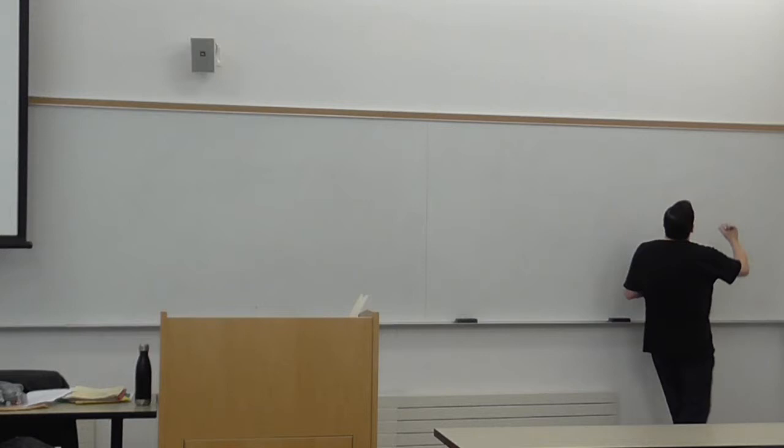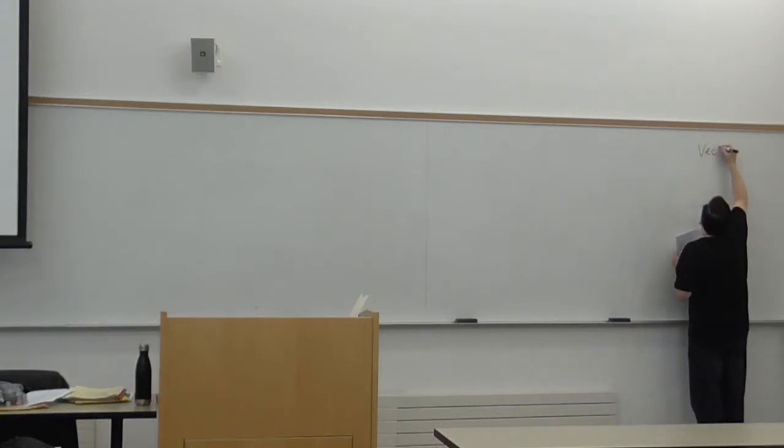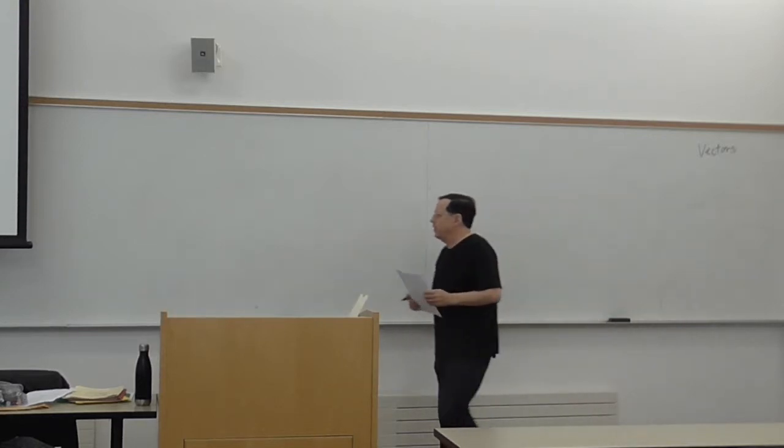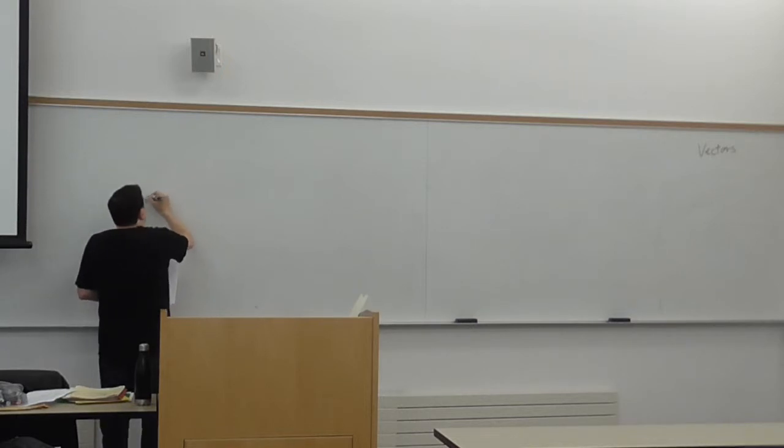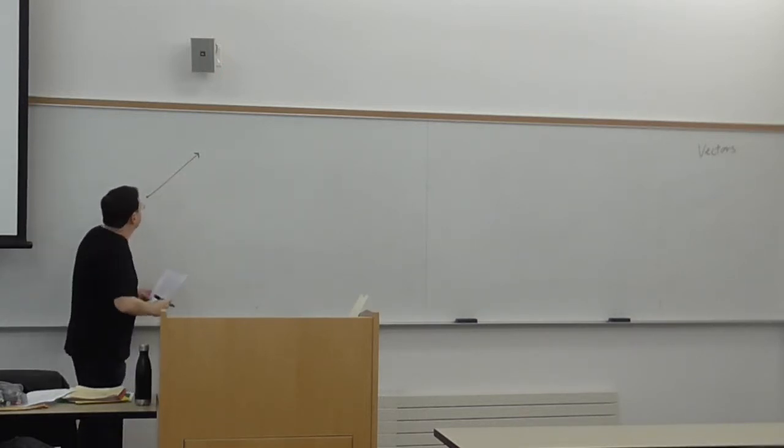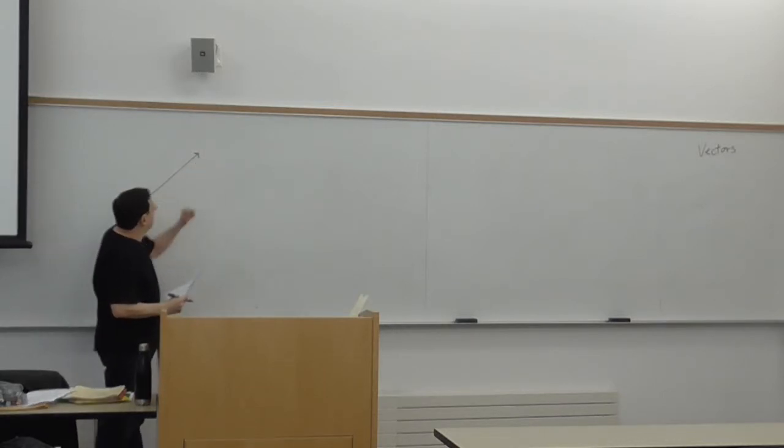Let me start by saying that what most of you have learned about vectors is what physicists and scientists use vectors for. A vector, we usually represent it as a line segment with an arrowhead.